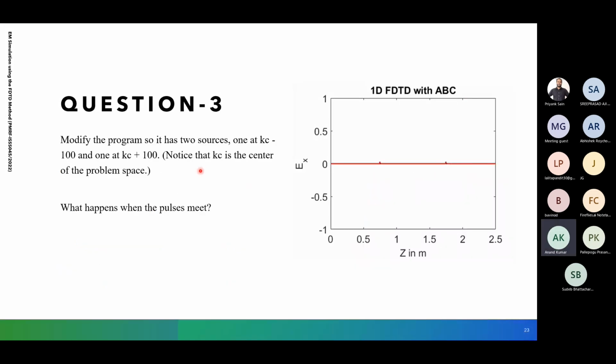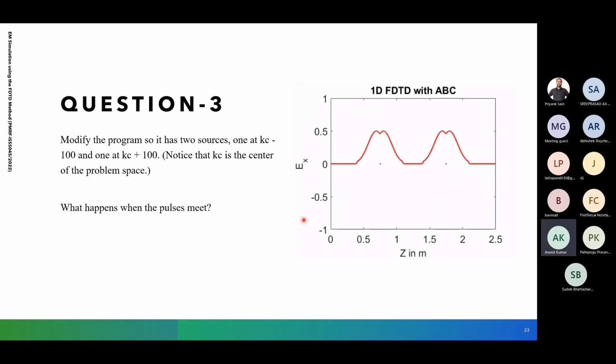So the next question was that we had to modify the program so that it had two sources, one at some KC. I think I have modified this as KC minus 100 and KC plus 100, where KC is the center of the space.